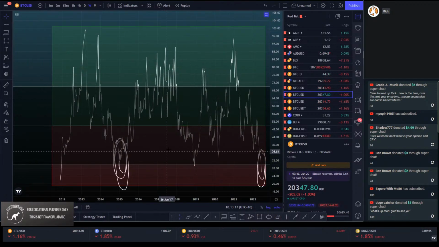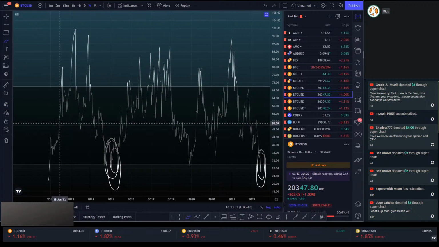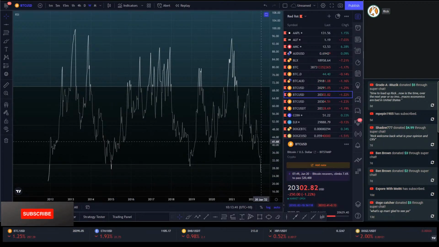So price tends to, at least from a historical perspective, Bitcoin likes to spend more of its life up in the high side of the RSI rather than in the weak side, because it's such a strong moving asset.